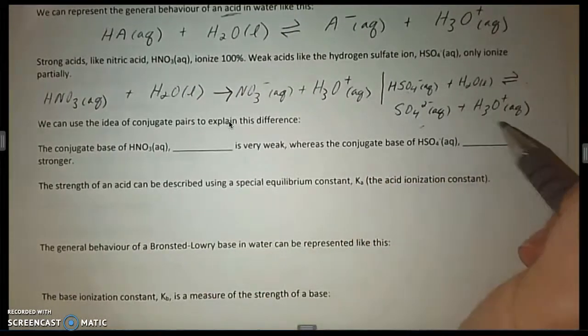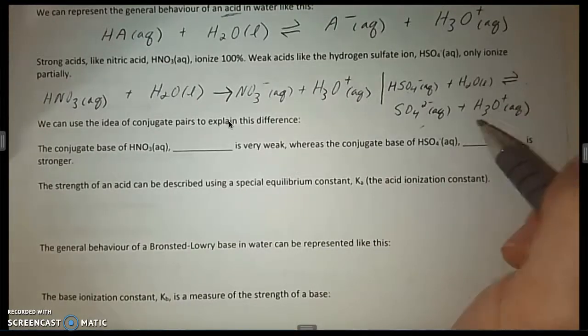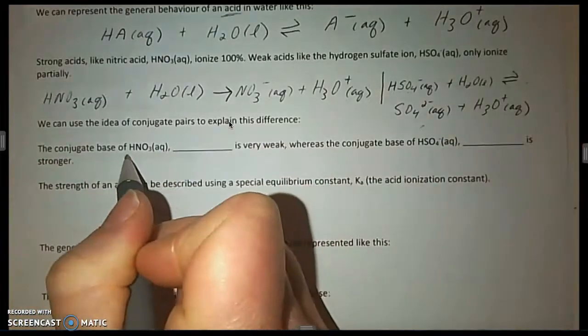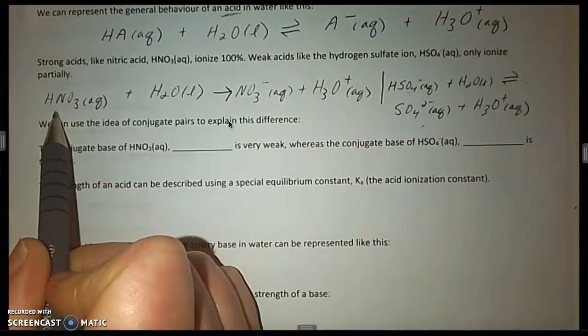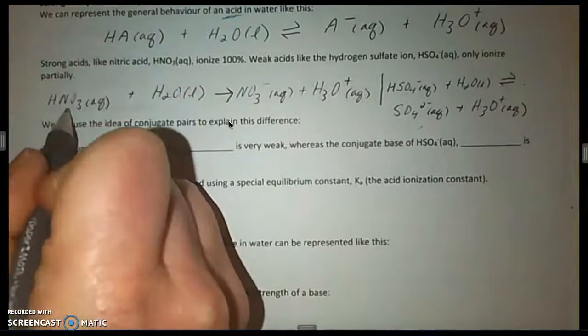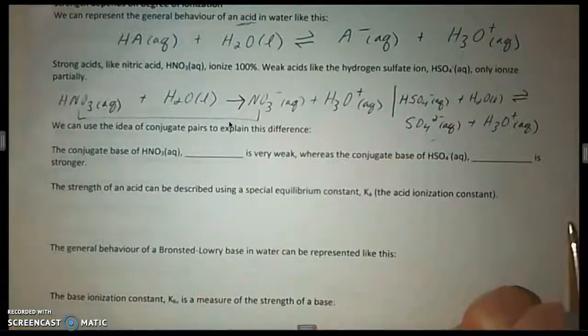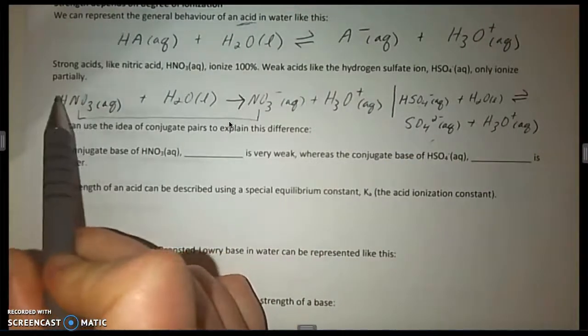We can actually talk about strong and weak acids in terms of the strength of their conjugate base. So for example, if I am thinking of nitric acid, the strong acid example right here, the conjugate base of nitric acid is the nitrate ion. I already described nitric acid as a strong acid.